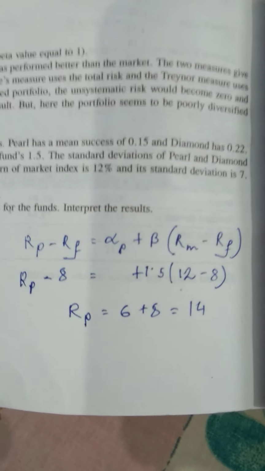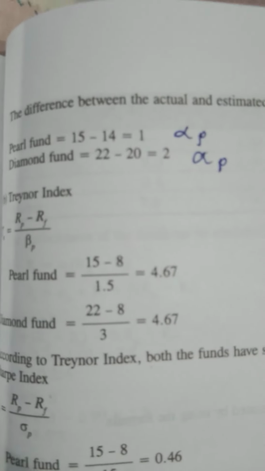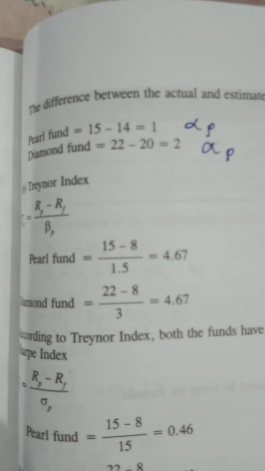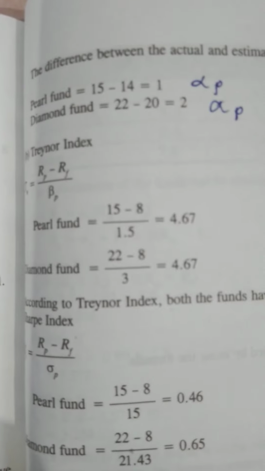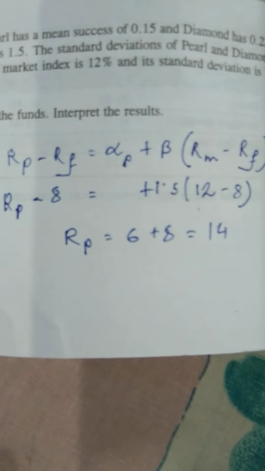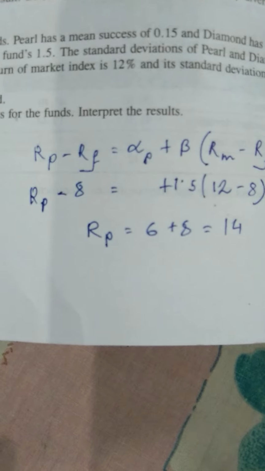That can be considered as the alpha, the predictive ability of the managers. The predictive ability of the managers is creating that value addition in this fund. 15 minus 14, automatically it becomes 1. I am clarifying in a different way. Now listen carefully. If you put all the values in the left hand and right hand side, automatically it becomes the same.